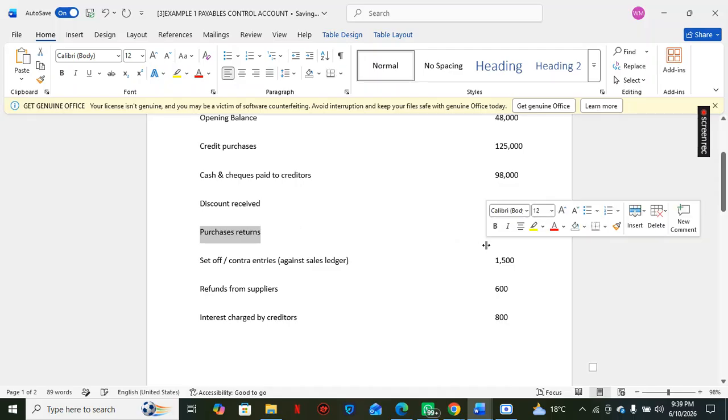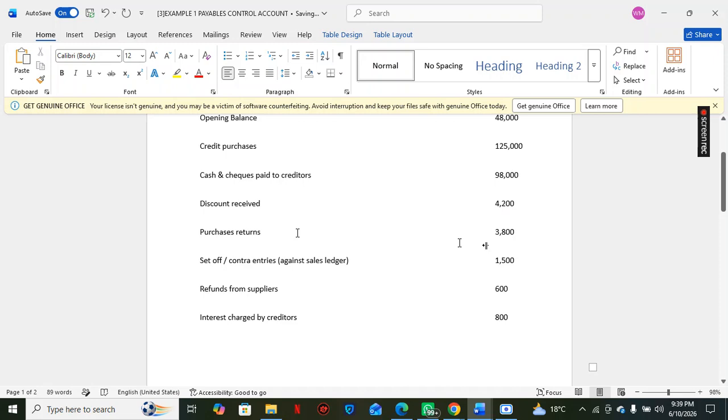Purchases returns. This is where we have returned goods to our supplier. You buy on credit and then you find that some of the goods you bought on credit are bad or destroyed. So you return these goods.